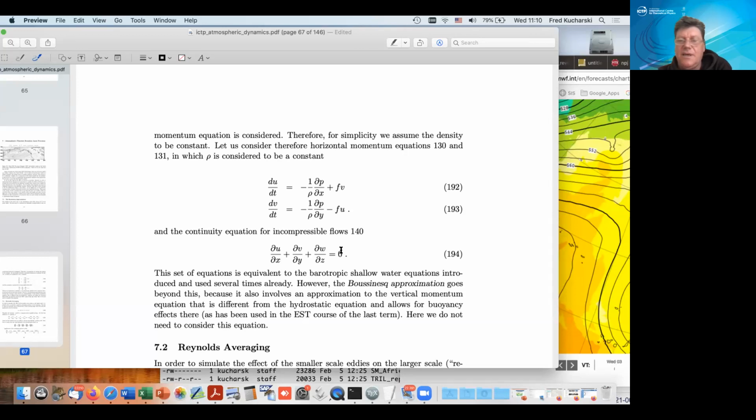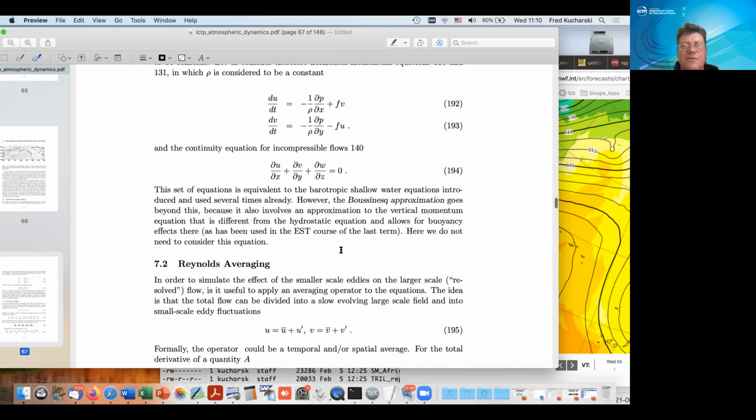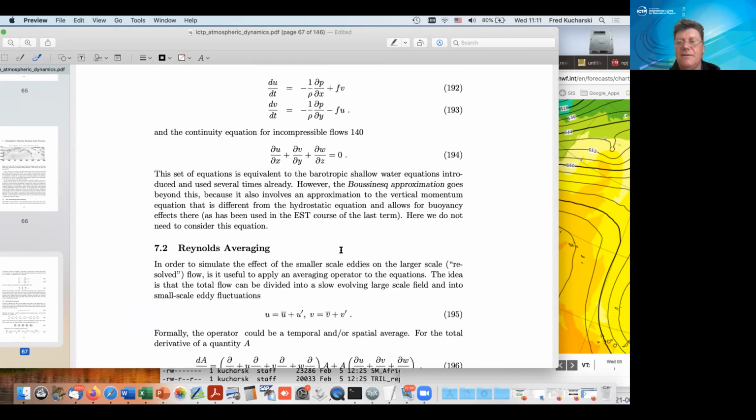We can deal with this without it and just assume for us that the atmosphere is in hydrostatic balance. Now, another term that I'm sure you have already discussed in the atmospheric physics course is Reynolds averaging. Have you heard about Reynolds averaging?